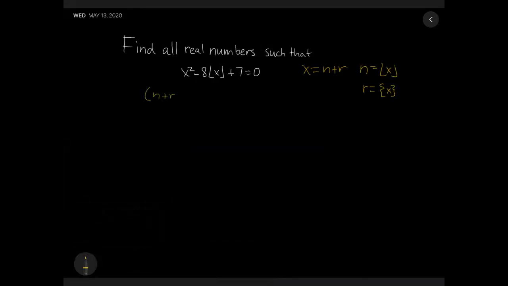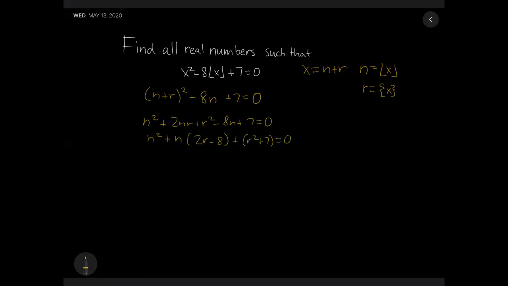(n + r)^2 minus 8n plus 7 equals 0. Now when we expand this, we get n^2 + 2nr + r^2 minus 8n plus 7 equals 0. We can factor out an n, and we'll get n^2 + n(2r - 8) + r^2 + 7 equal to 0.